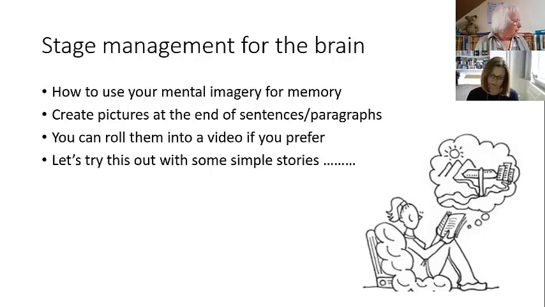Which one shall I pick? Let's do Harry Potter. The nice thing about some of the children's books is that they're written in a really visual, creative way, so that it's easier to make up your own pictures. And this is a story about when the dragon was born.